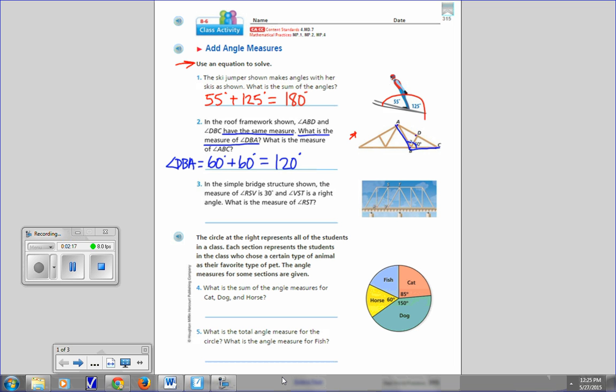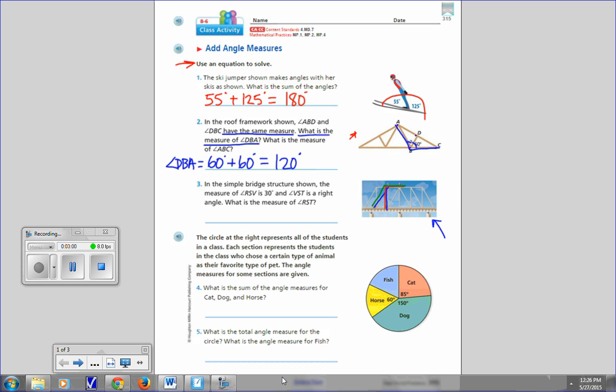In the simple bridge structure shown, this is a bridge, the measure of RSV is 30 degrees, and VST is a right angle. I'm going to try and draw it. This is really hard for me to see. What is the measure of RST?